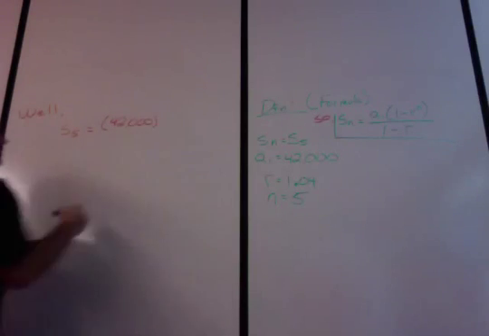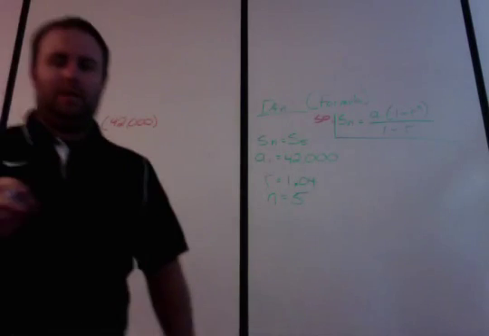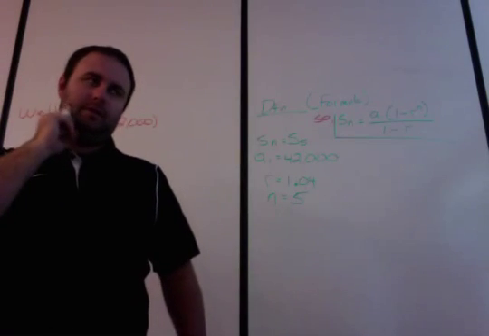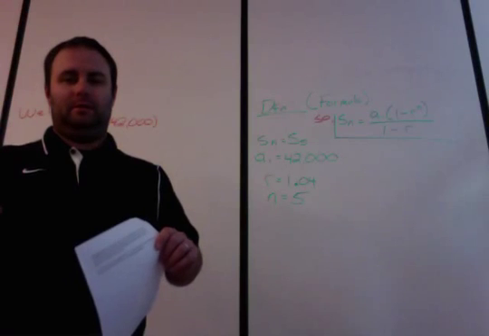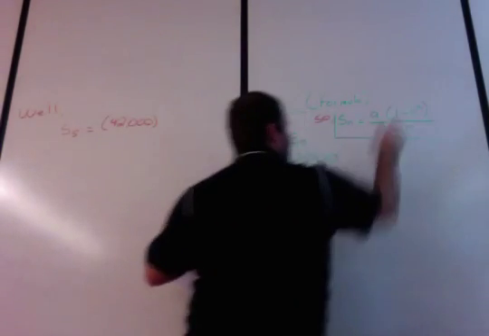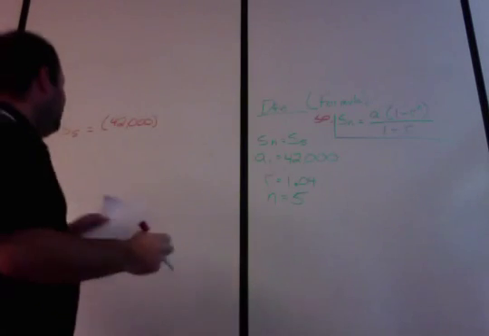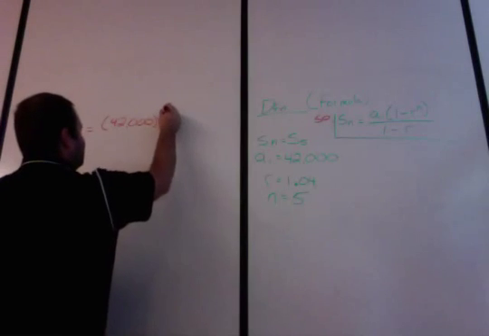42,000. Notice I'm plugging and chugging, putting stuff in parentheses because when you use a calculator, it's much easier to input that. Now there's going to be a catch with this section here because I've got 1 minus r to the n power. That causes a little bit of problems.